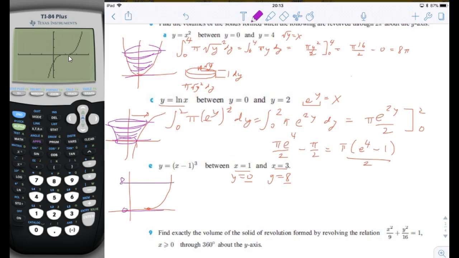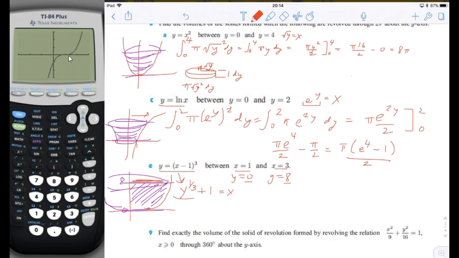But, okay. Basically you've got this shape here, and then you're going to spin that around and make kind of like a bowl out of it, but the bowl is filled. And they want to know the volume of that. Each one of these discs would have a radius, and we solve for x. If we solve for x, it would be the cube root of y plus 1 equals x, right?